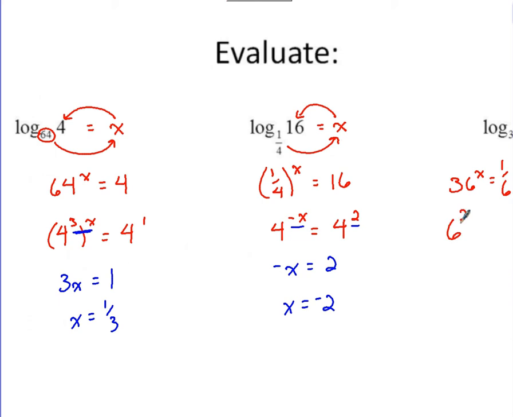That'd be 6 to the 2x equal to 1/6. Not really digging that fraction, so let's use some reciprocals here. Instead of 1/6, we'll say 6, but what's the power going to be on that 6? Negative 1, because you're using reciprocals, so introduce the negative exponent. Bases are the same, so exponents have to be the same. 2x equals negative 1, meaning x equals negative 1/2.